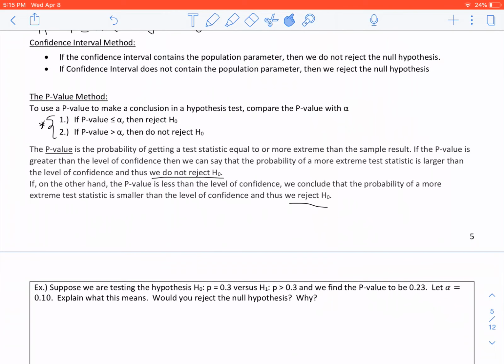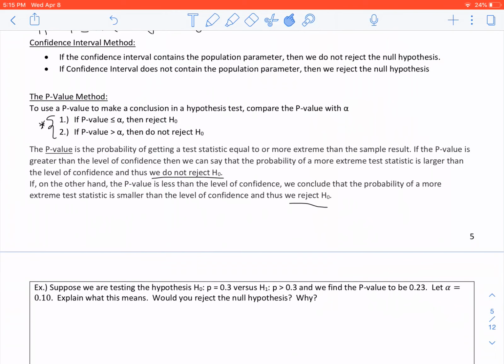So the p-value method, to use a p-value to make a conclusion about a hypothesis test, we have to compare the p-value with alpha. And so if the p-value is less than or equal to alpha, then we reject our null. And if the p-value is greater than alpha, then we do not reject the null. The p-value is the probability of getting a test statistic equal to or more extreme than the test result.